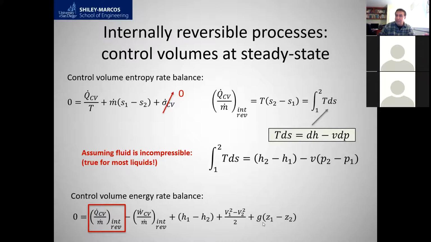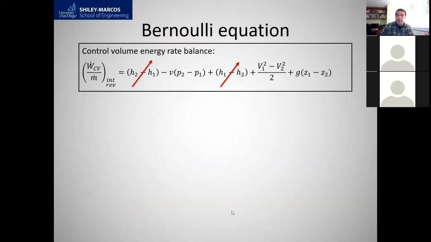You might neglect g(z1 minus z2), and then the equation ends up with the enthalpy and the kinetic energy. Okay, and the Bernoulli equation. From the control volume energy, the change in enthalpy, we plug in the terms and solve for W dot CV over m dot.